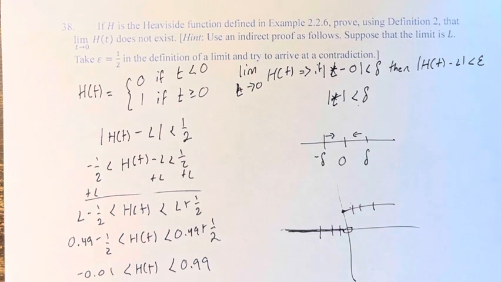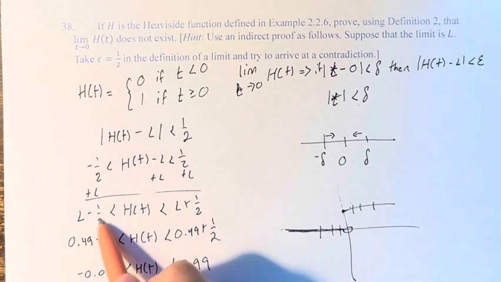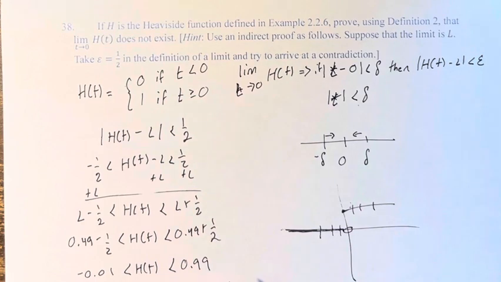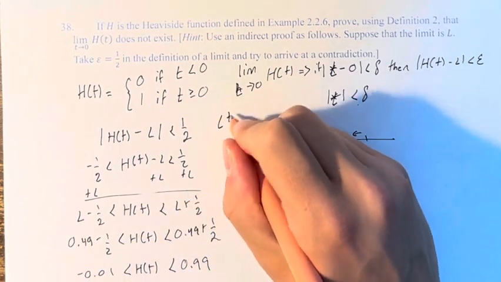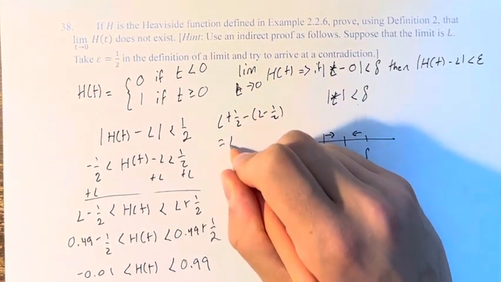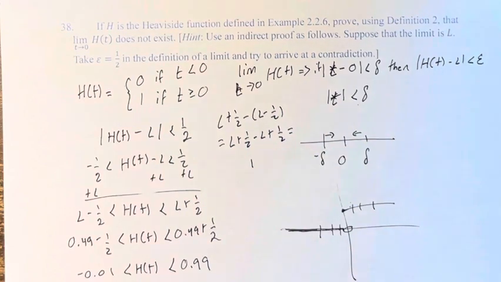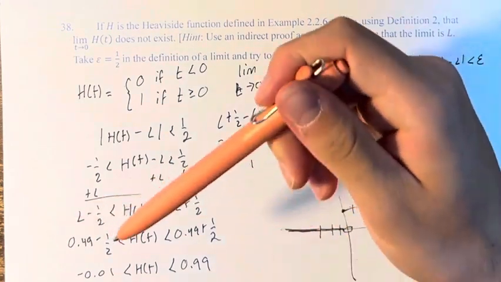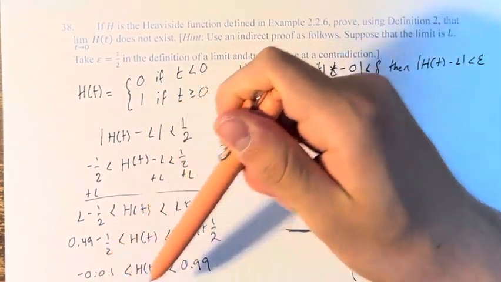So what we need to do is say, okay, if the function is between L minus 1/2 and L plus 1/2, the difference between these two, L plus 1/2 minus L plus 1/2, is equal to 1, right? As you can see, the difference between these 2 points is 1.